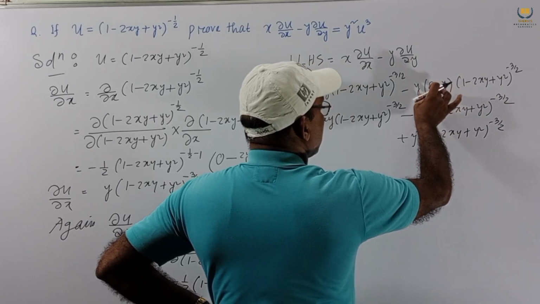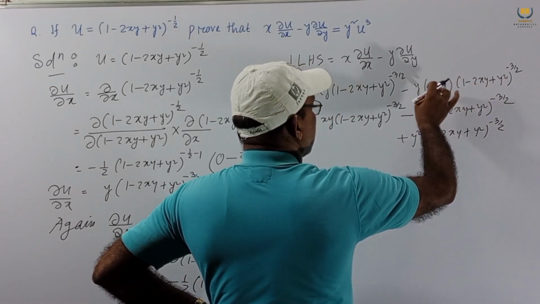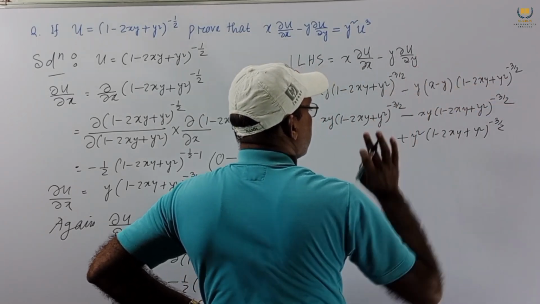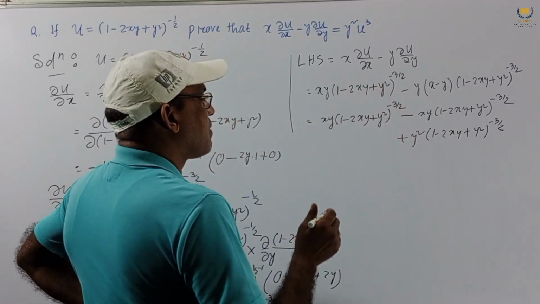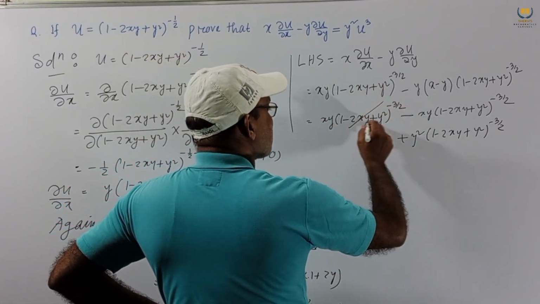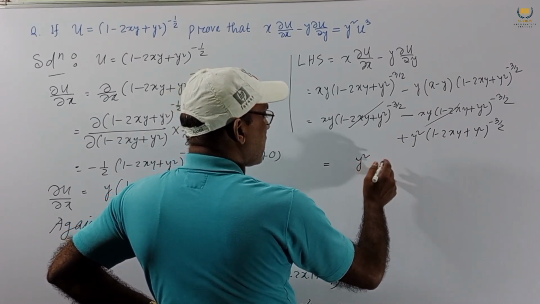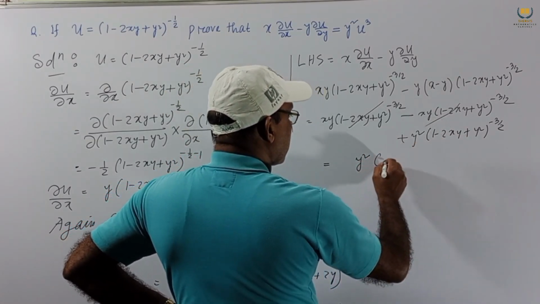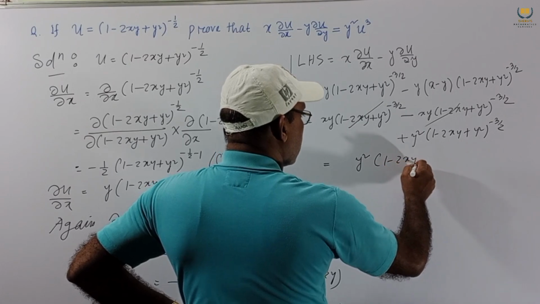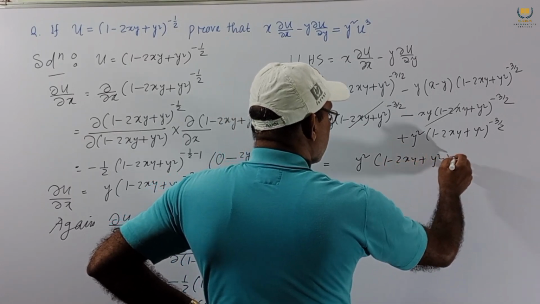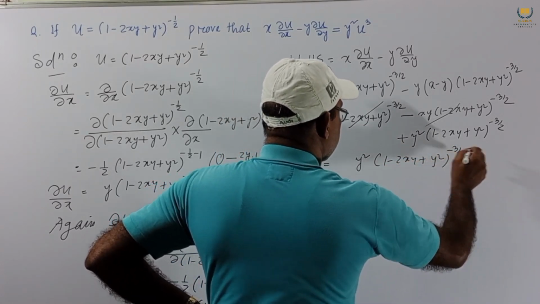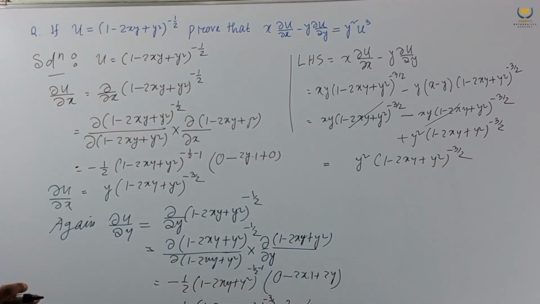This one multiplying with this, and y also multiplying here. Directly we get this. But these two are like terms, this will be cancelled. So we get y square and (1 minus 2xy plus y square) whole to the power minus 3 by 2. We get this.